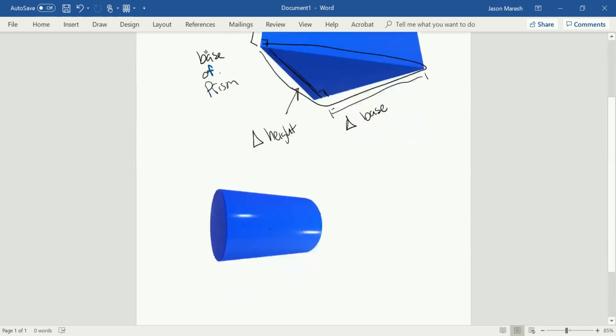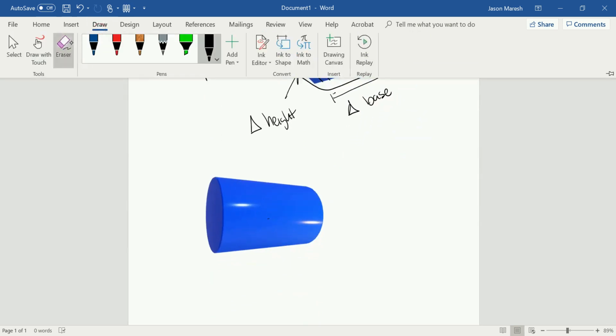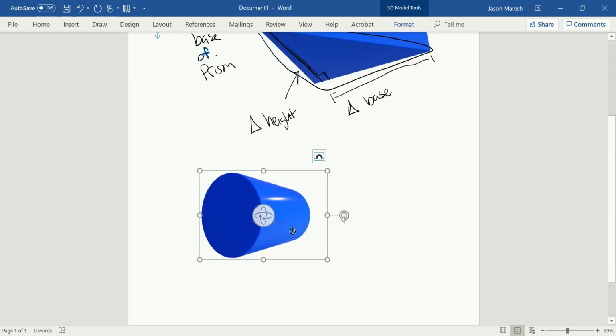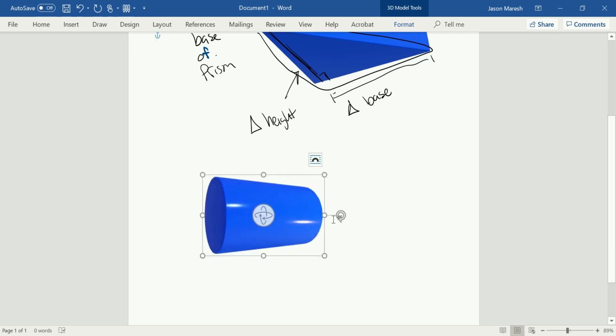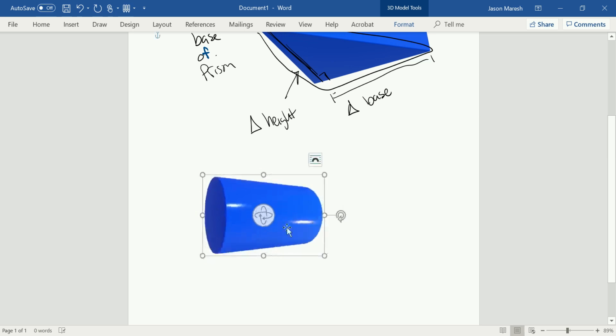A cylinder, here's our cylinder, and I'll move that around a little bit. So a cylinder is kind of a can shape, right? But it's made of, well, what shape is the base of this thing? So you have a circular base, right?